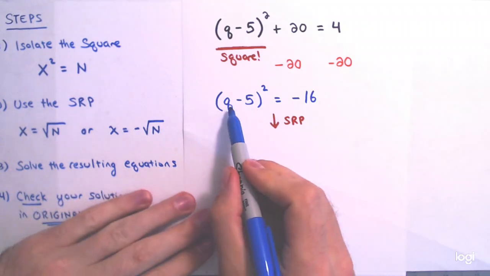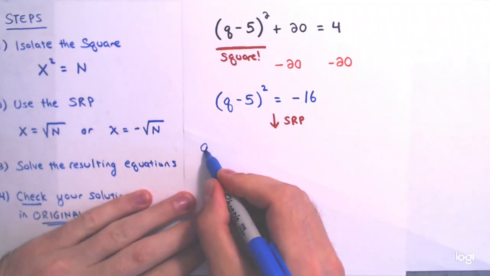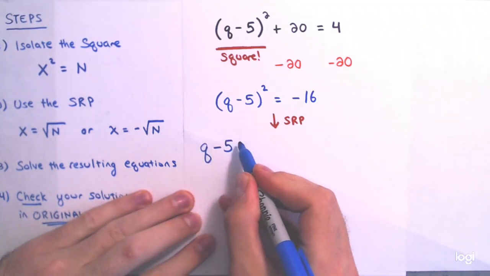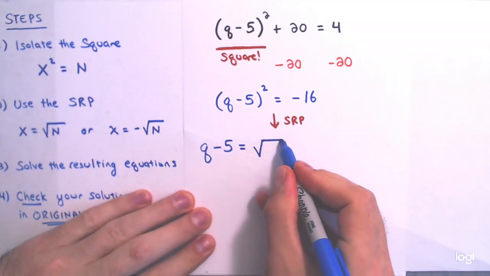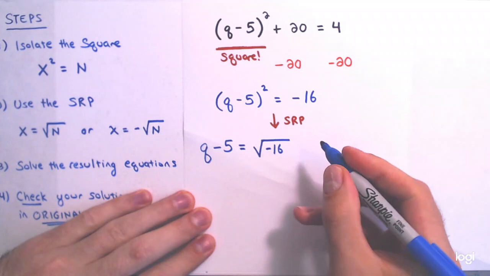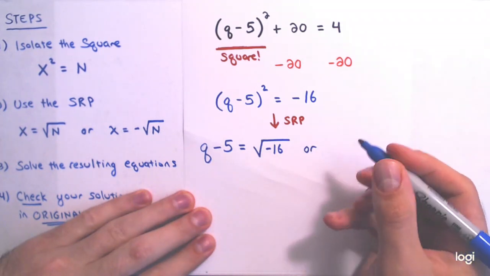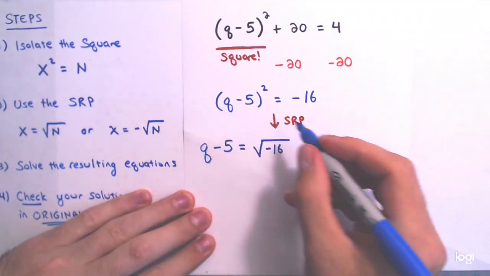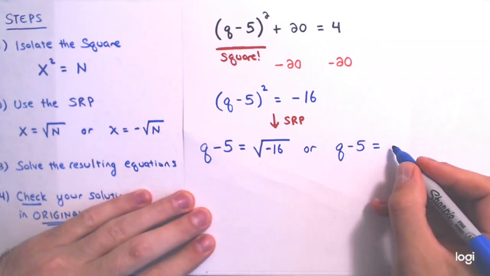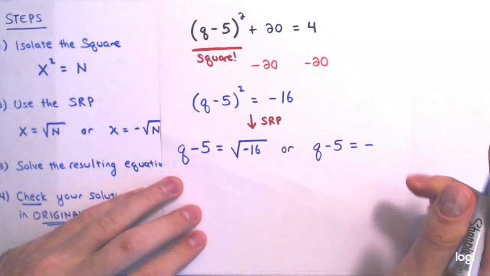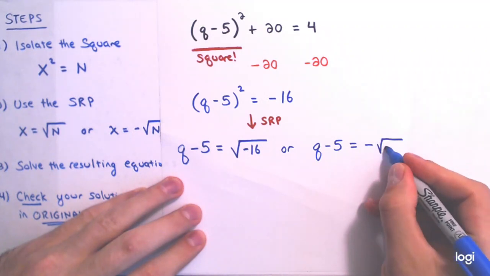This base, right, this q minus 5 could be equal to the principal square root, the positive square root of negative 16, or again, this base, this q minus 5, the base of the square, could be equal to the negative, or the opposite of, the square root of negative 16.